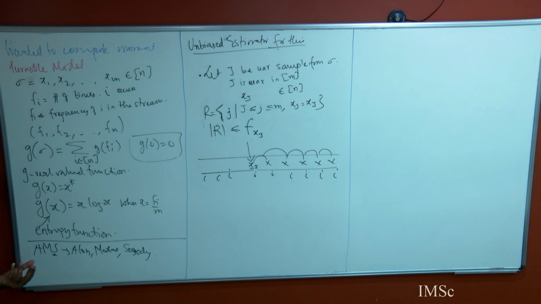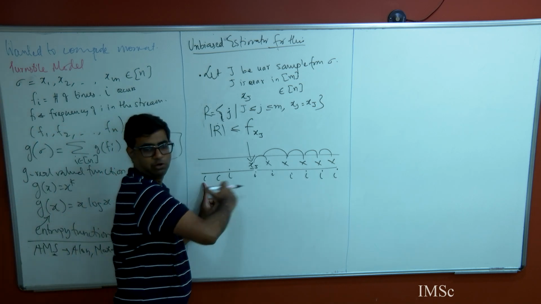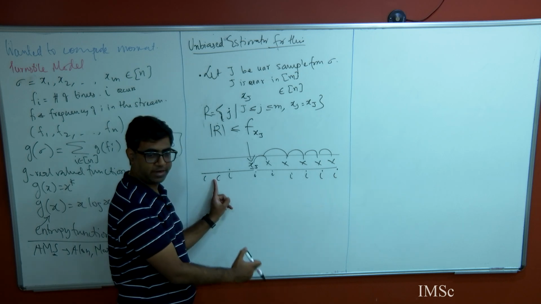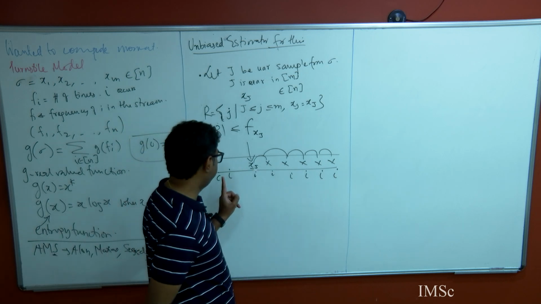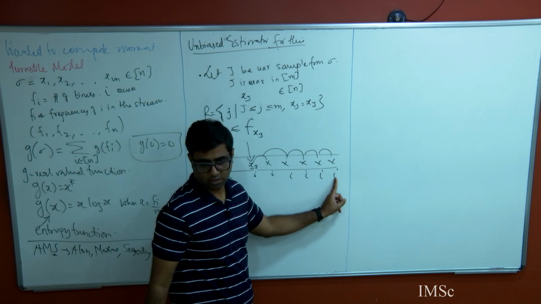So it is not just anything. If I picked up the first occurrence, then it is equal to the frequency. If I picked up the second, it is frequency minus 1. If I picked up the third, it is frequency minus 2. If I picked up the last one, it is 1.